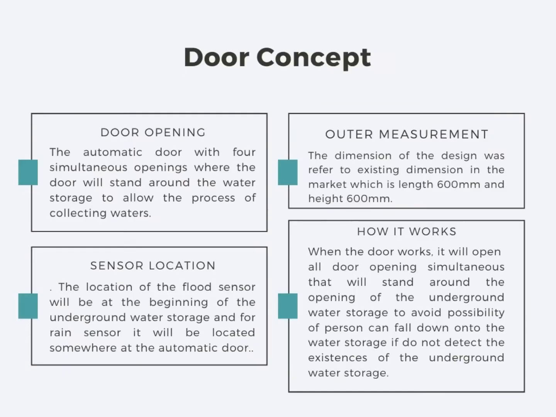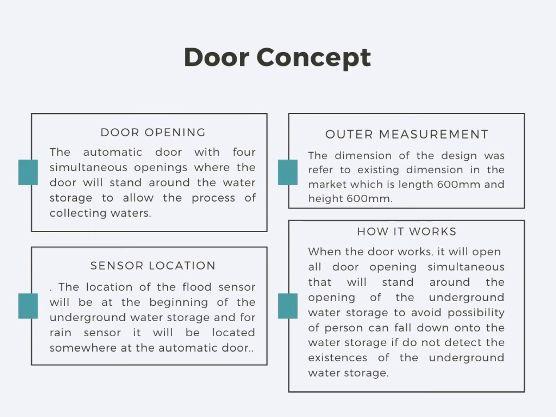For the door opening, the automatic door has 4 simultaneous openings where the doors will stand around the water storage to allow the process of collecting water. For the sensor location, the flood sensor will be at the underground water storage tank, while the rain sensor will be at the top of the door platform.